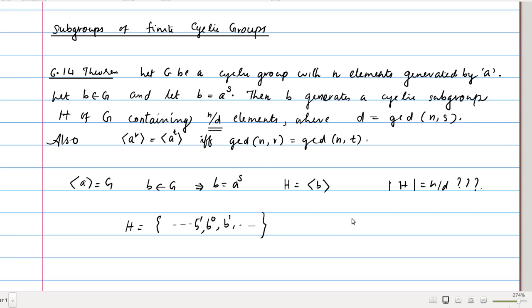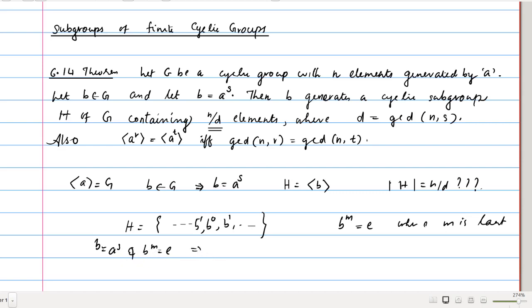So in our search we are looking for B raised to m equal to E, where m is least. We know that B is equal to A raised to S and B raised to m is equal to E. So these are the two required conditions.